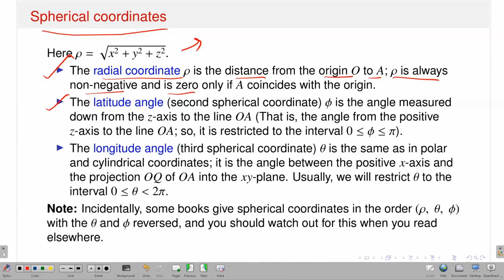The second spherical coordinate, phi, is sometimes called the latitude angle.